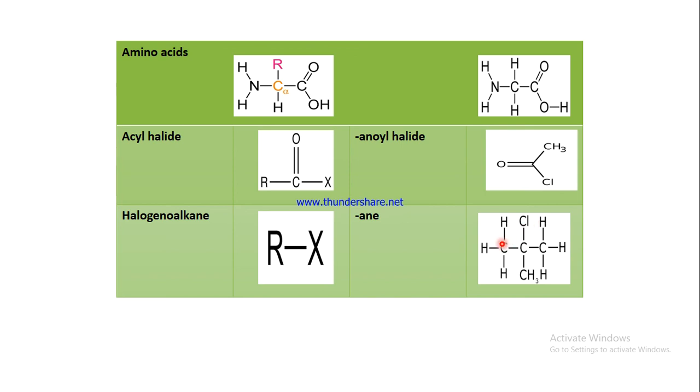Here is an example, we've got 2-chloropropane. If you don't know how we name these compounds, please check out my other video on nomenclature of organic compounds. Since the major functional group, this Cl, is on position 2, we start naming from position 2 to say 2-chloropropane.